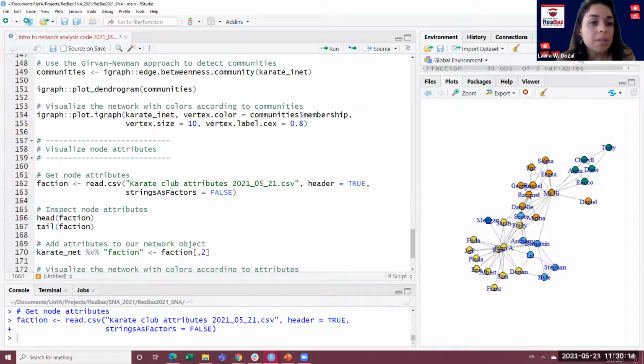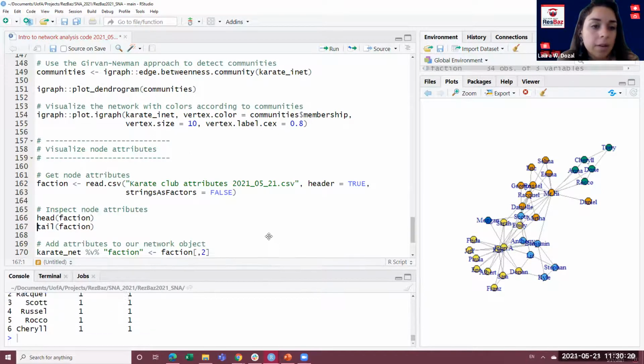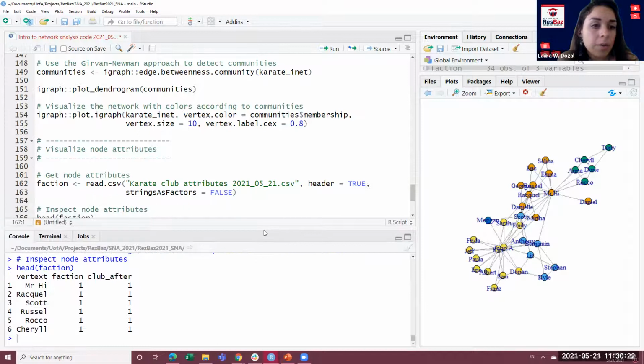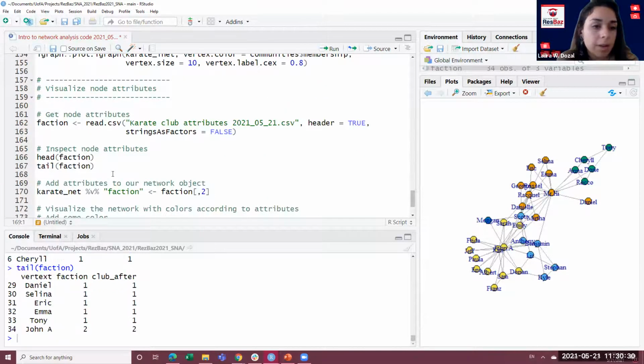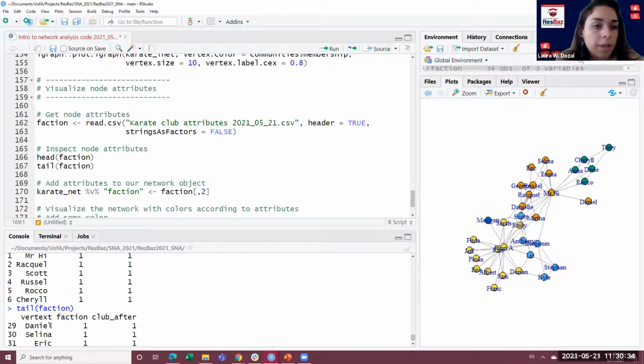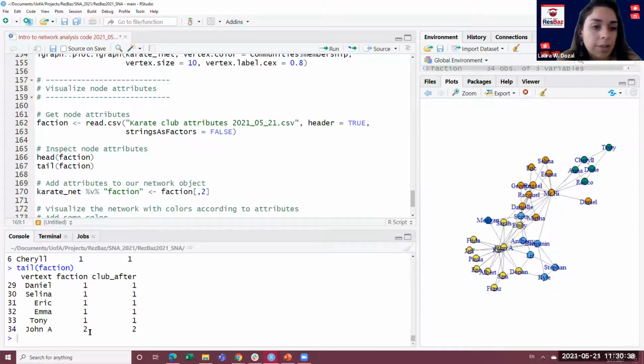Okay, so let's look at our faction attributes. And here it looks like we have 2 factions. Let me look at the tail. If we look at faction 1, Mr. Hi is in faction 1, John A is in faction 2.